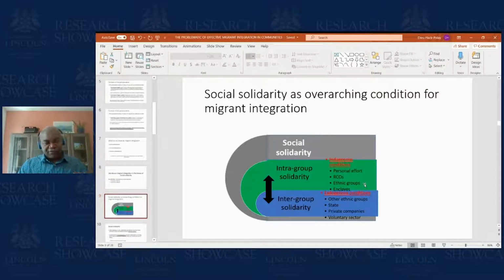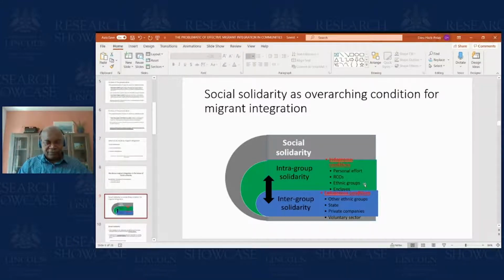But the integration of migrants cannot be done, according to our model, unilaterally. The migrant can't integrate himself unilaterally. There must be a sense of acceptance by the dominant new collectivity. So this is where we talk about the notion of intergroup solidarity, and within that, we have the exogenous factors, the conditions that help migrant integration. Those external factors that are outside the migrant groups have to do with the state, for example.